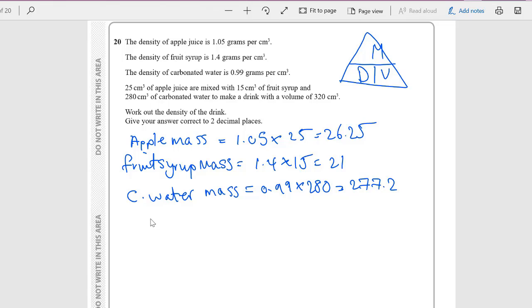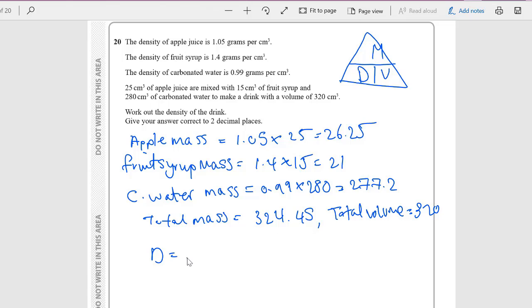277.2. So the total mass, if we add those all up, is going to be 324.45. So the total volume is going to be 320. And so the density is going to be m divided by v.